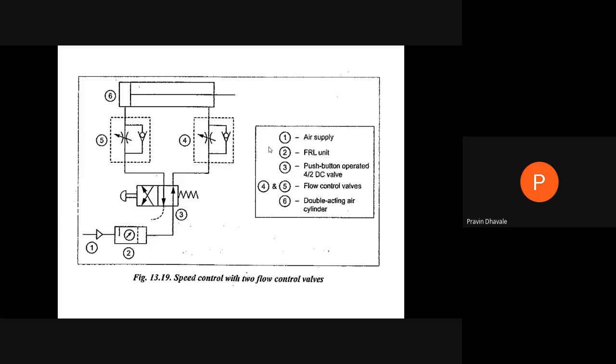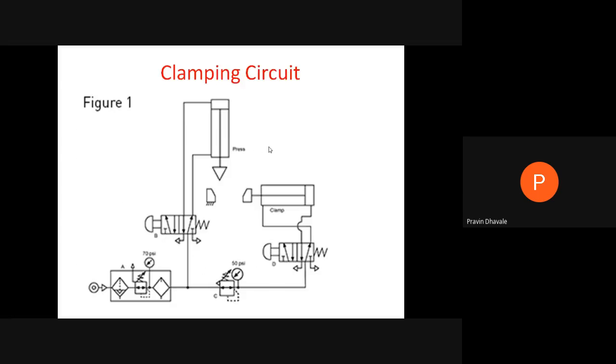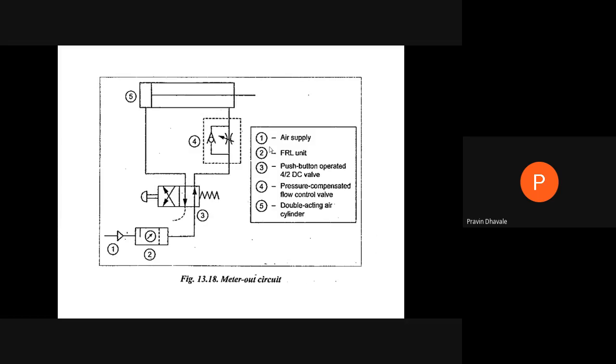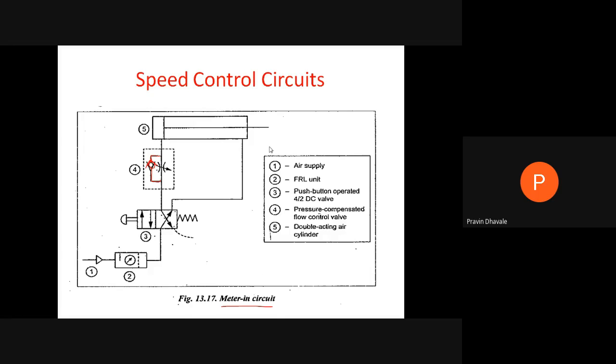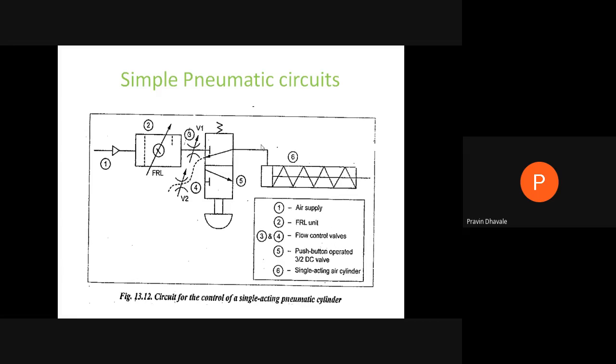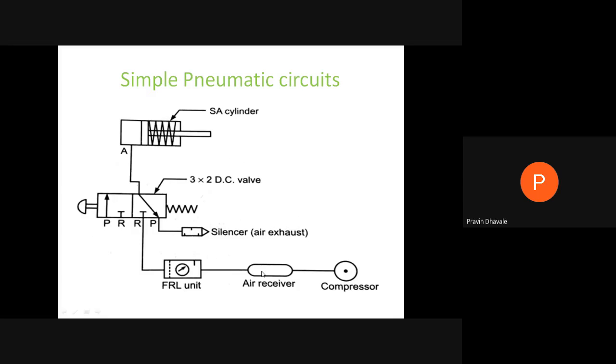Gear brake system, clamping circuit, speed control circuit with two flow control valve, meter out circuit, meter in circuit, circuit for control of double acting pneumatic cylinder, control of single acting pneumatic cylinder.